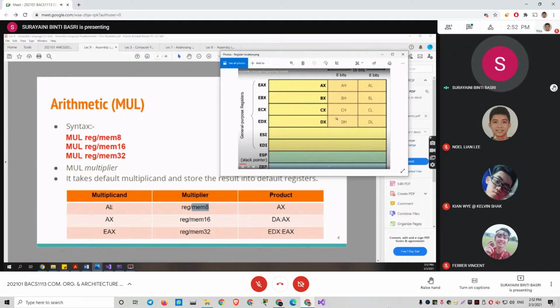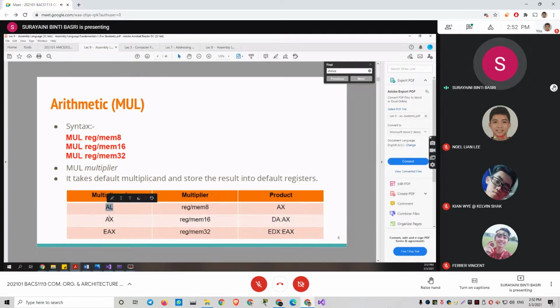The multiplicand will be in AL, AX, and EAX. So the syntax contains only MUL and then one operand, because when we do the multiplication, it is by default multiplied with its multiplicand here.